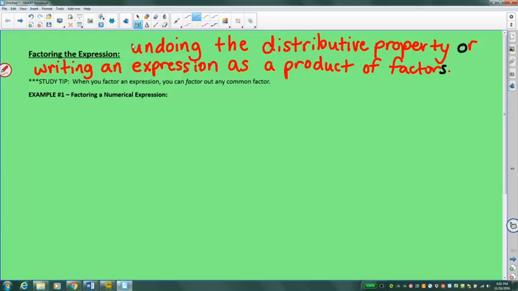Okay? If we're writing an expression as a product of factors. Okay, so we're going to go ahead and look at the tip that we have here. When you're factoring an expression, you can factor out any common factor.